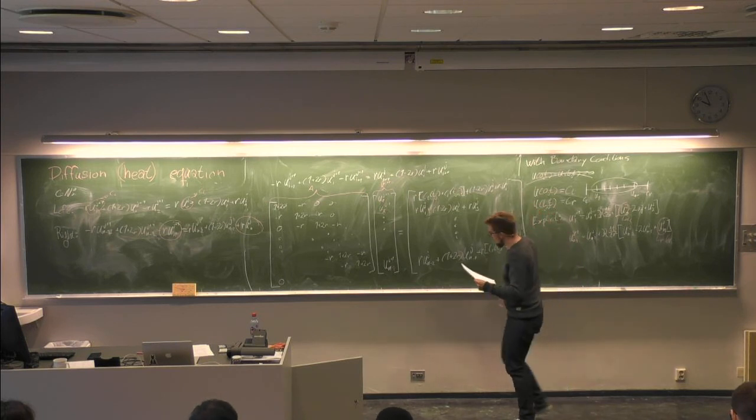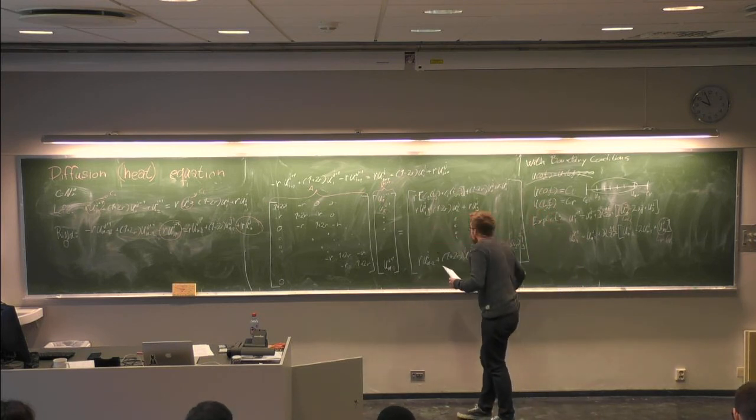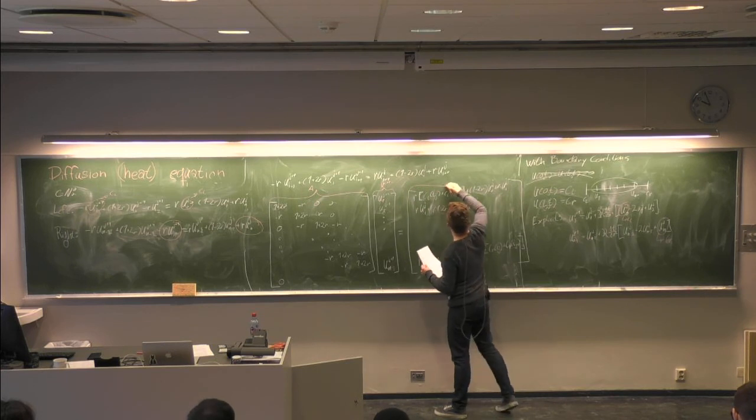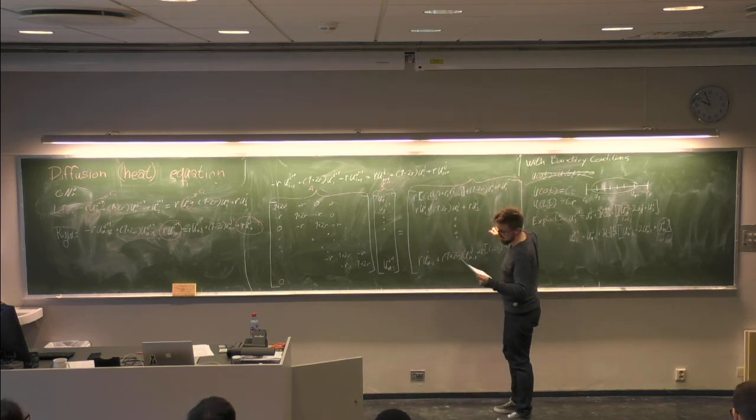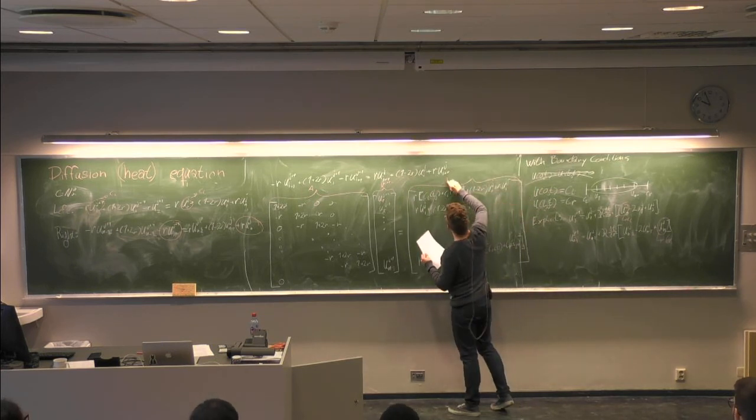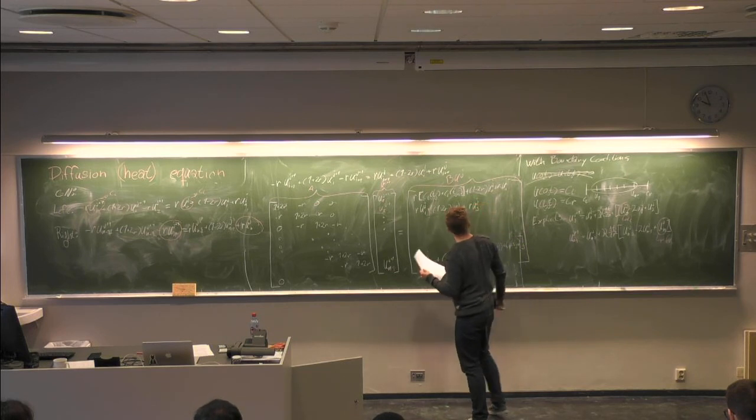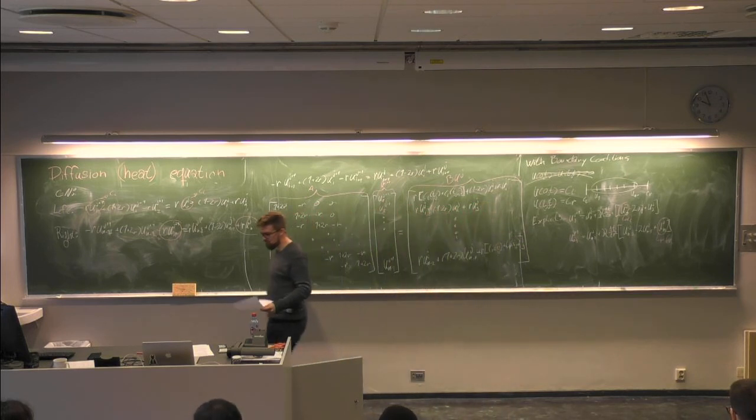And then this whole thing is a column vector, B times U_j, like so.